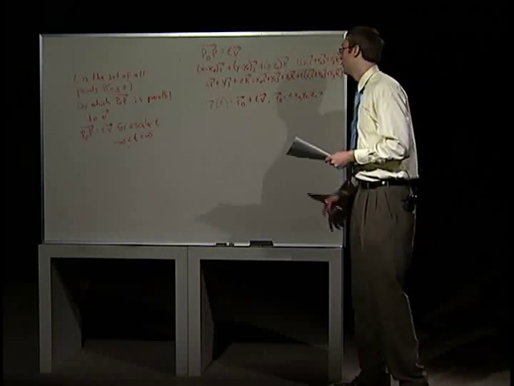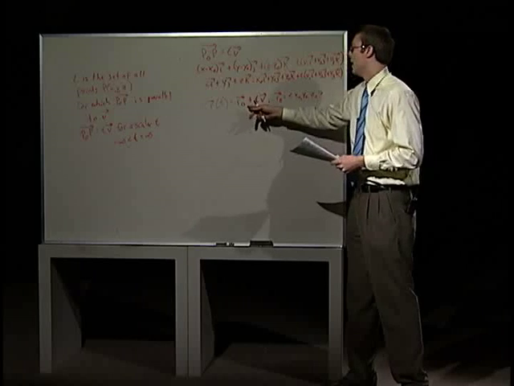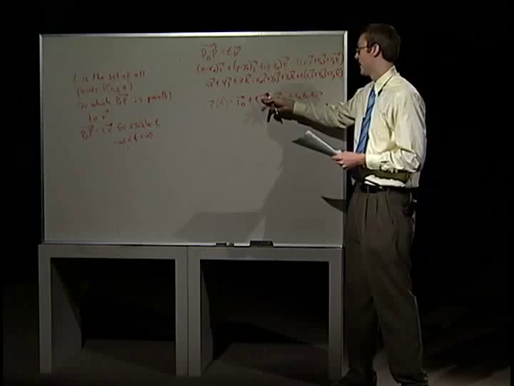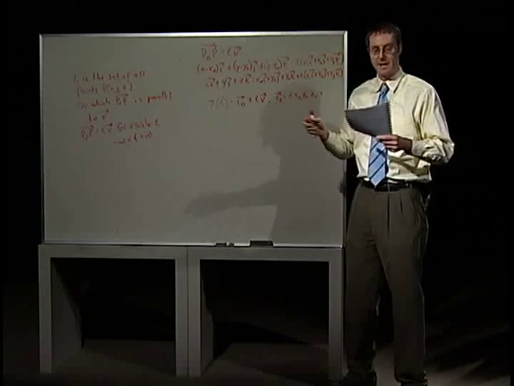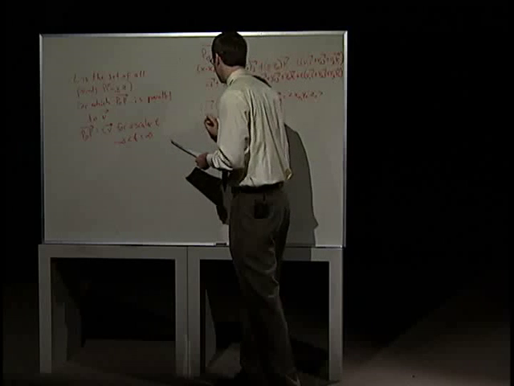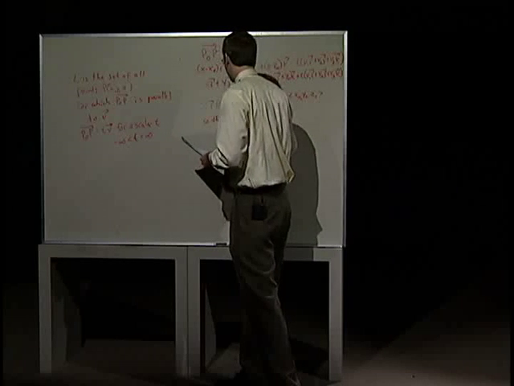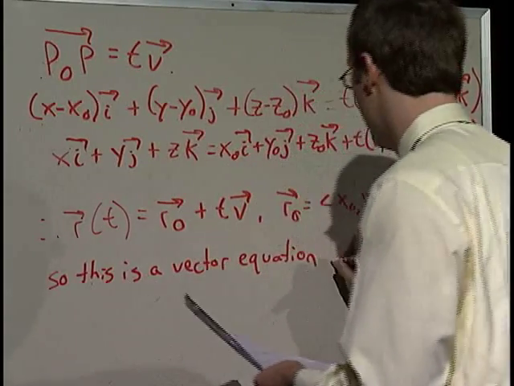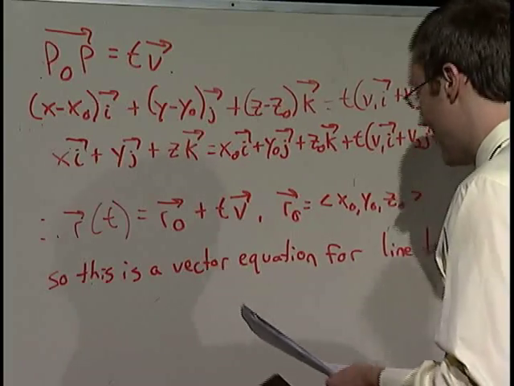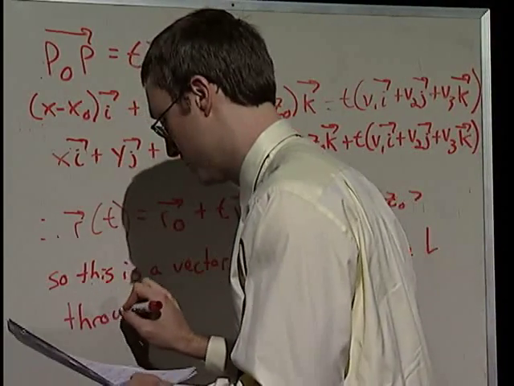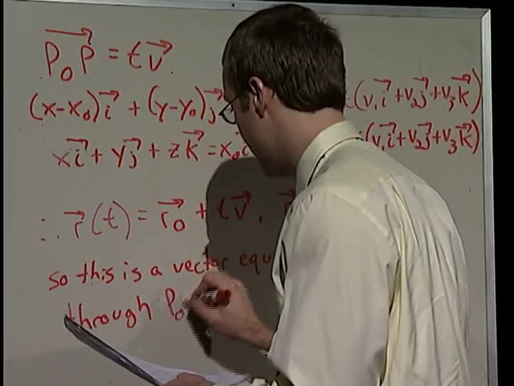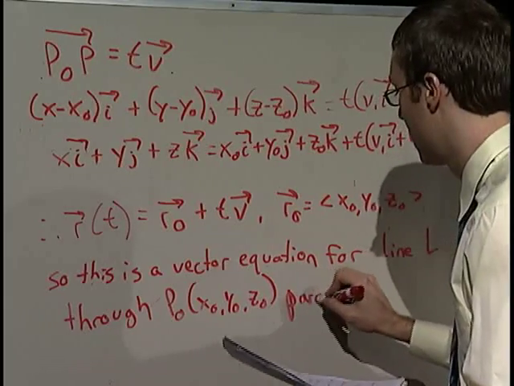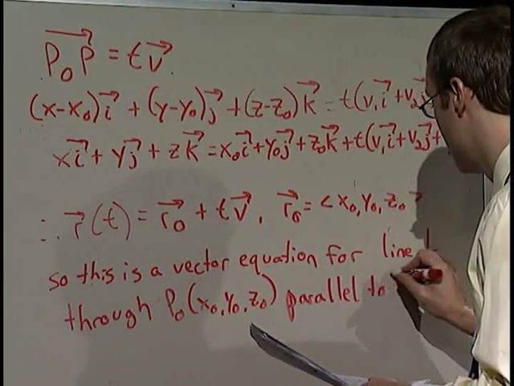So what I'm doing is I'm just saying, okay, dependent on t over here, and from some starting point here, we add on some scalar multiple of this vector v, we're going to get out some position on the line. Okay? So this is a vector equation for the line L through P0, X0, Y0, Z0, parallel to v.